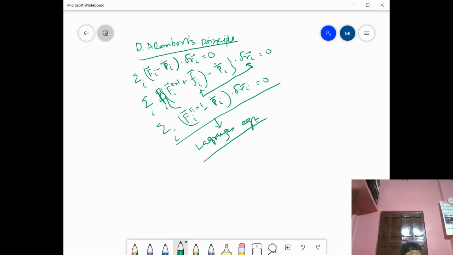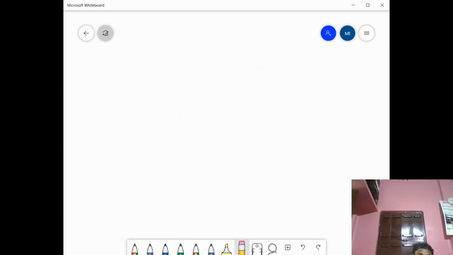In the application of D'Alembert's principle, I have taken two examples. These applications are important in terms of the examination, because in examinations questions will be there for applications, but for the discussion of the Lagrangian formulation, this is not so important.